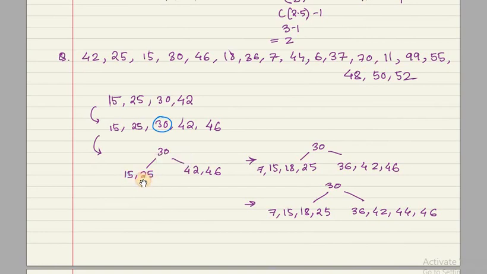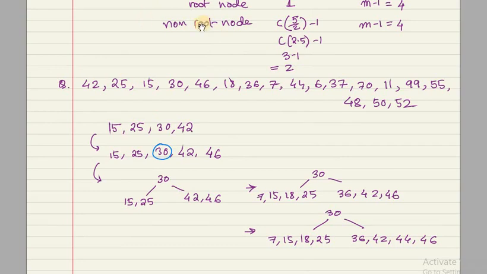These are leaf nodes because they are in the last level, but they are also non-root nodes, because the root node is this one. So for non-root nodes, the minimum value can be 2 and maximum value can be 4. We have a minimum of 2 here and also 2 here, so no problem, everything is peaceful at this point.